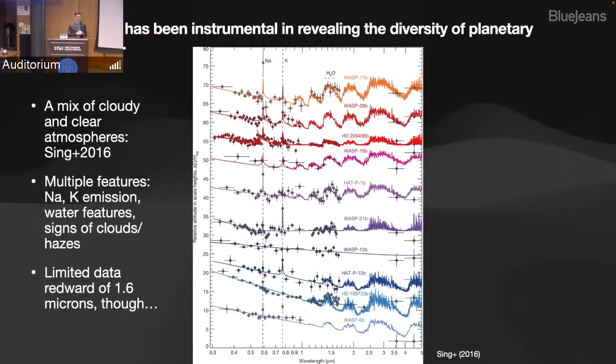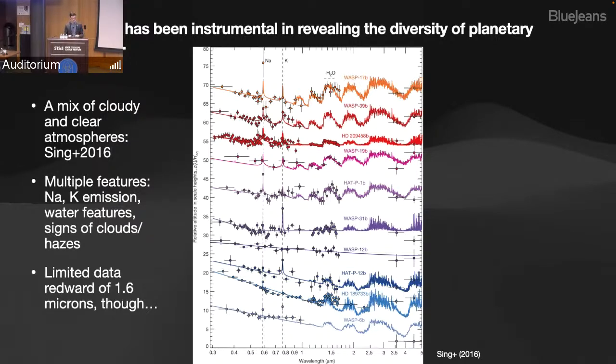Since then, Hubble has been really instrumental in revealing the diversity of planetary atmospheres. Back in 2016, David Sing made this plot, which showed what we knew about exoplanet atmospheres at the time.